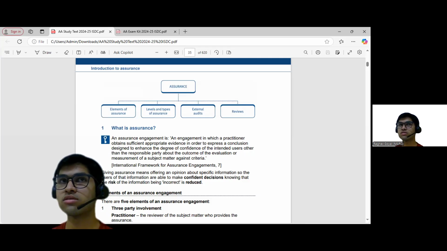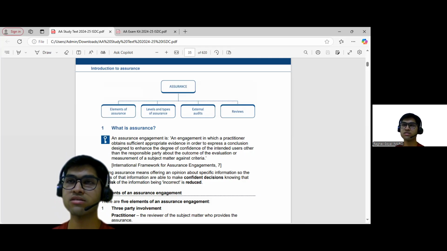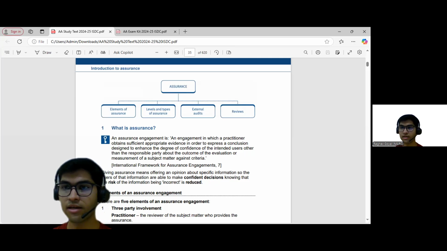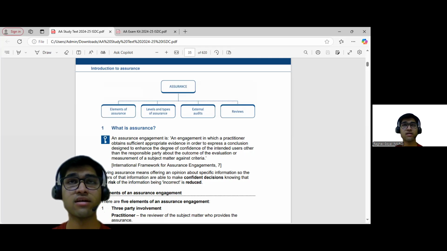Even stakeholders such as the government, banks, loan lenders, and the general public care about a lot. If you ask me how they are concerned with the financial statements, the government would be interested in knowing the tax that the entity is paying.